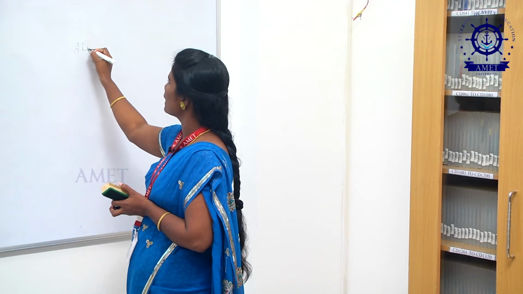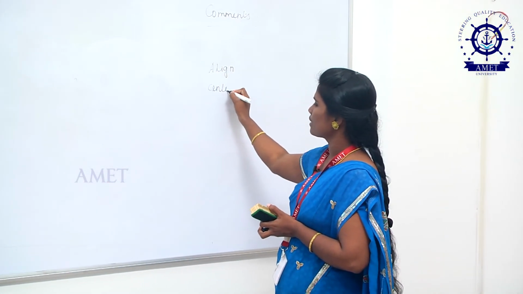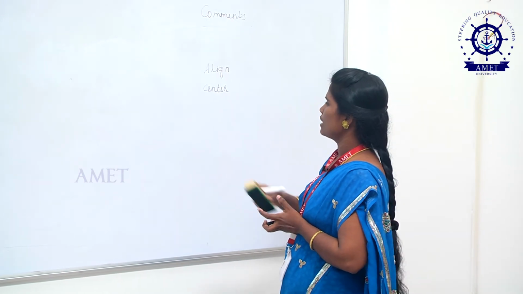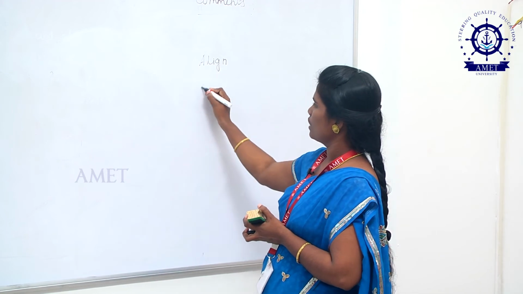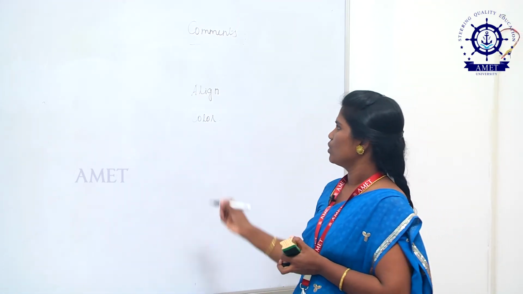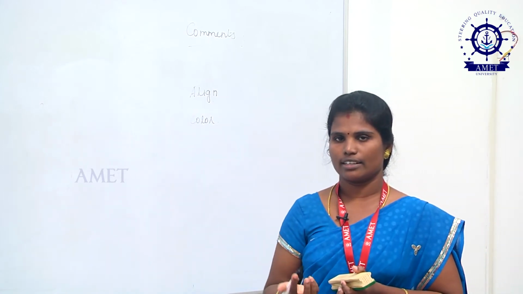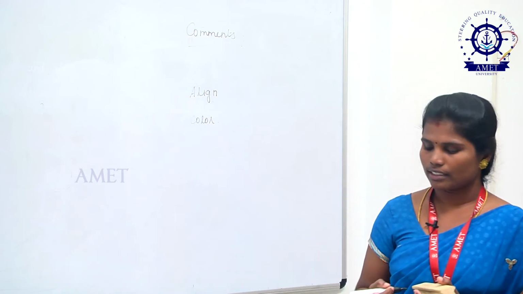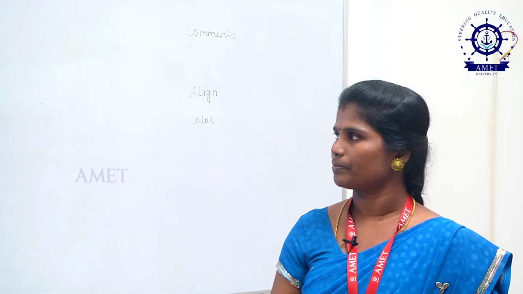In such a way you can use the align attribute. No, center is a tag, it is not an attribute. Using color you can specify the text color. Align is used to align your text either left, center or right. So these are the style attributes.